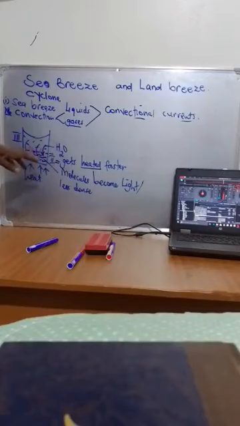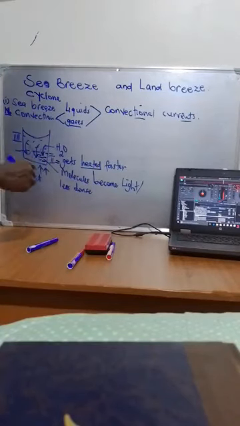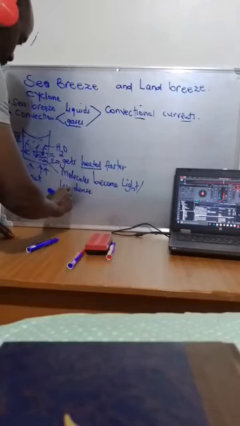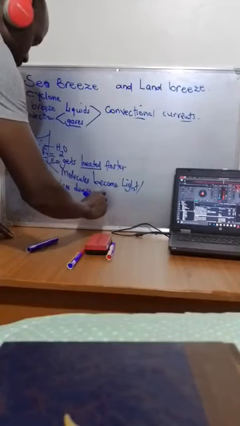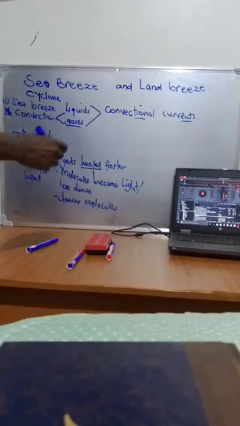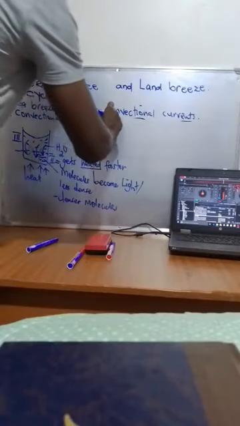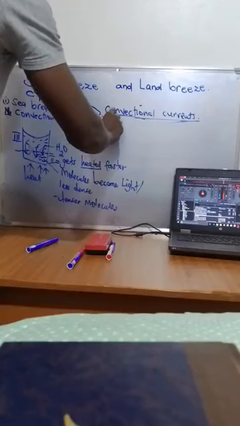Now this movement, whereby molecules that are light are moving up and being replaced by denser molecules from the topmost part of the water section, we call this convectional movement.